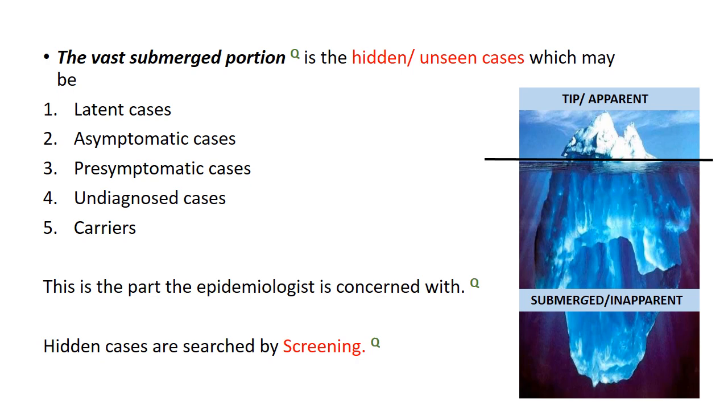And if it is of a non-communicable disease, then it will lead to poor quality of life, increased disease burden, leading to increased financial burden to the nation, to the family, and to the individual.